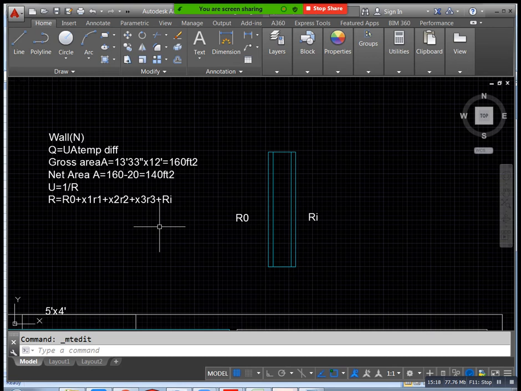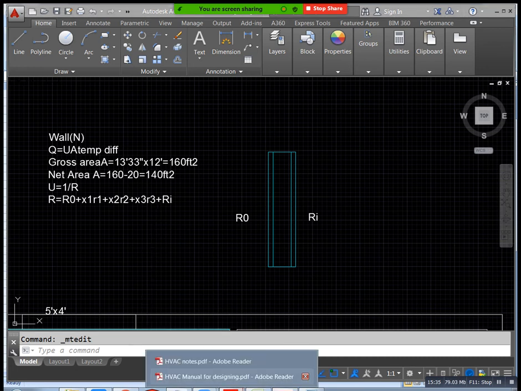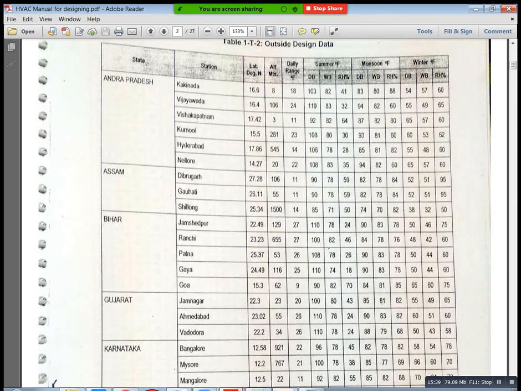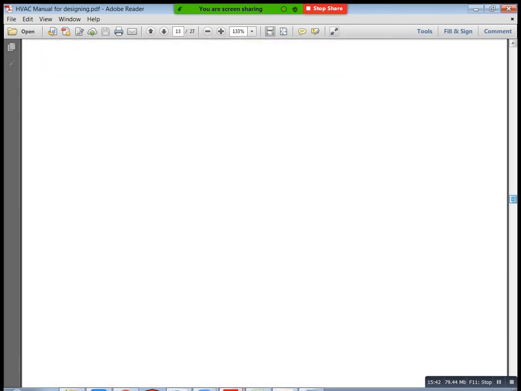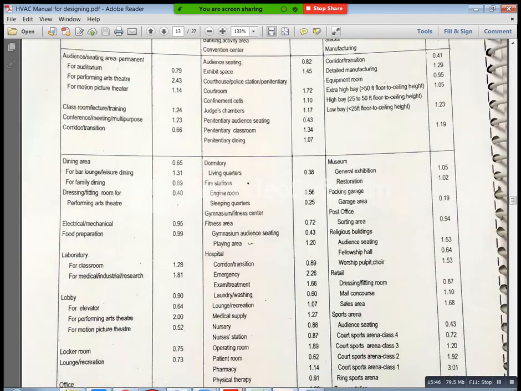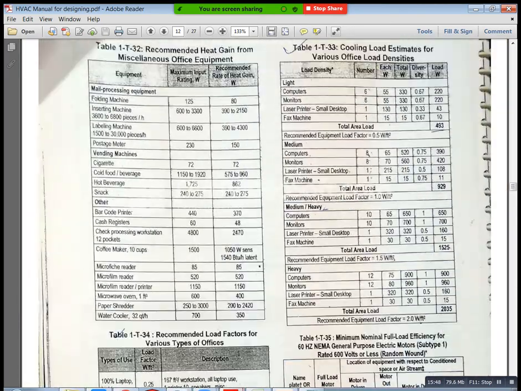Now here I will show you once. Just go here. See, here we have the air film condition 0.68, this is inside, and 0.25, this is outside.